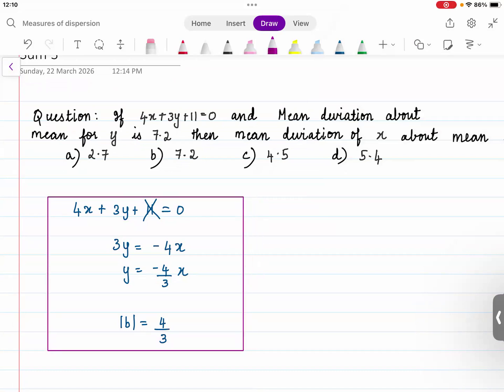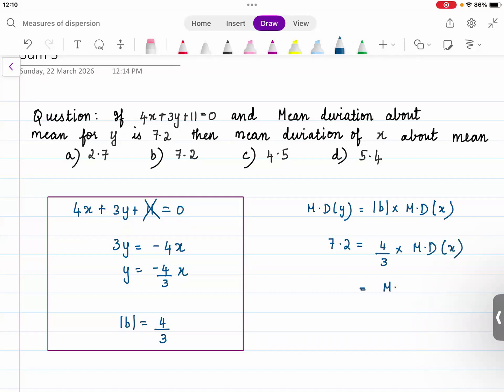Next, what is the relation between mean deviation of y and mean deviation of x? Mean deviation of y is equal to modulus b into mean deviation of x. What is mean deviation of y here? It is equal to 7.2. Modulus b is 4 by 3 into mean deviation of x.